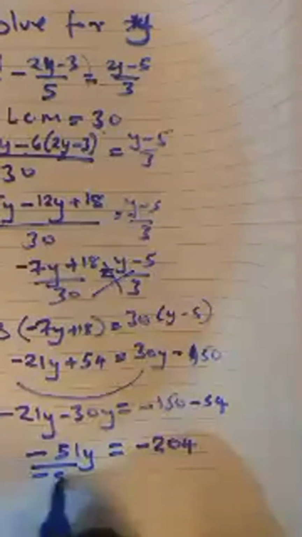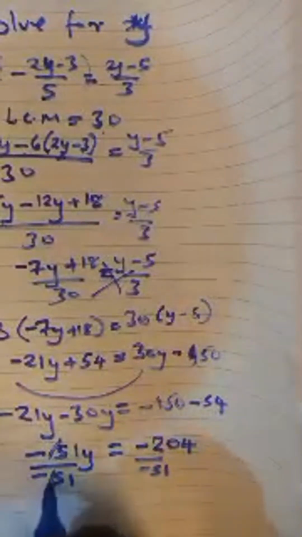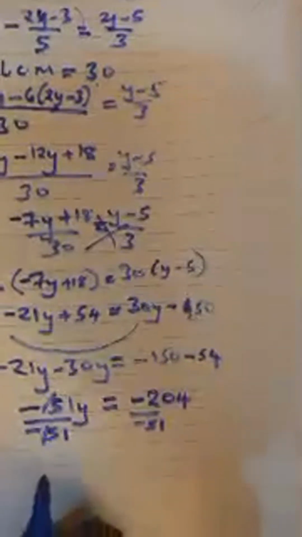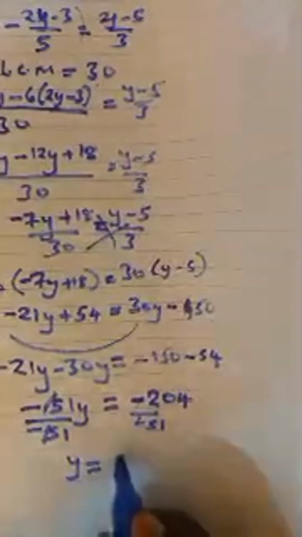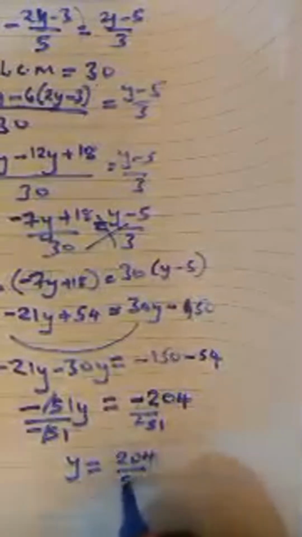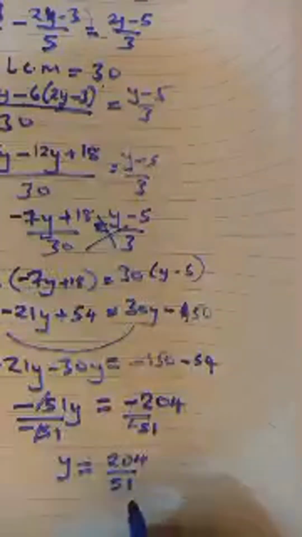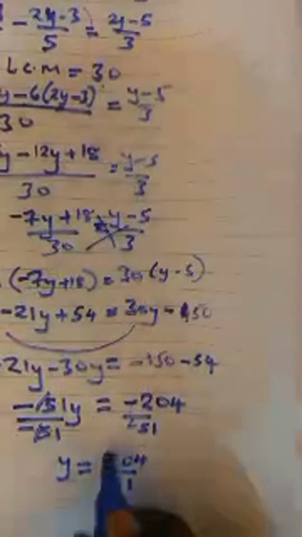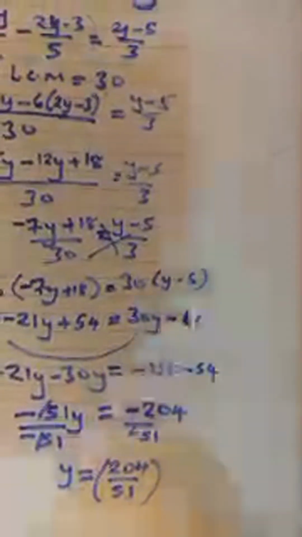So I can divide like that, and now the value of y becomes 204 divided by 51, which is 4, as the value for y.